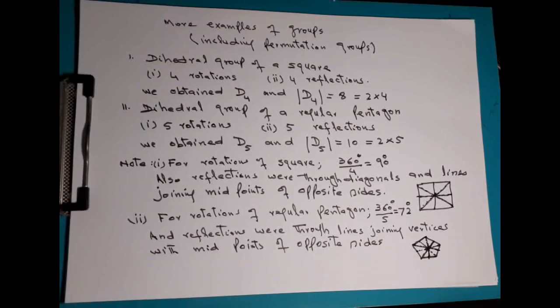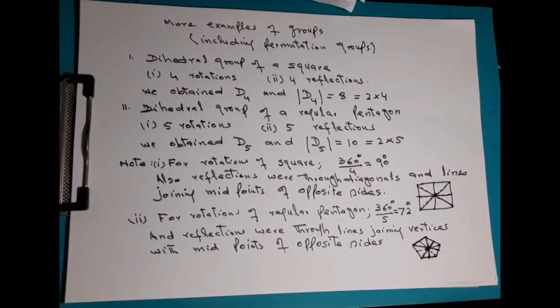We can write these rules in general form as well, but before that we must understand that in case of a regular polygon for which the number of sides is even, we take reflections through the diagonals and lines joining midpoints of opposite sides.